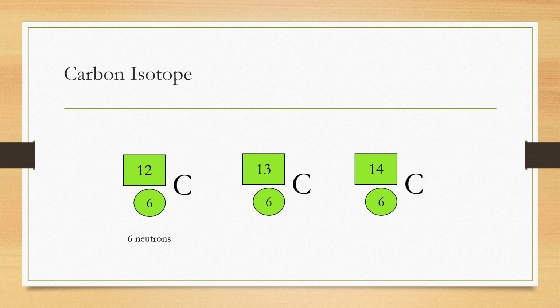Their difference is in the number of neutrons. The first carbon has 6 neutrons, the second carbon has 7 neutrons, and the third carbon has 8 neutrons.